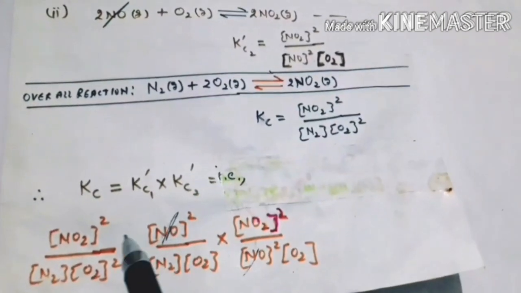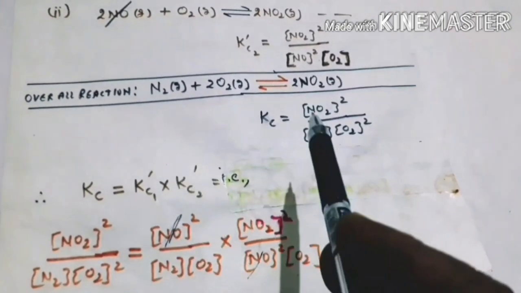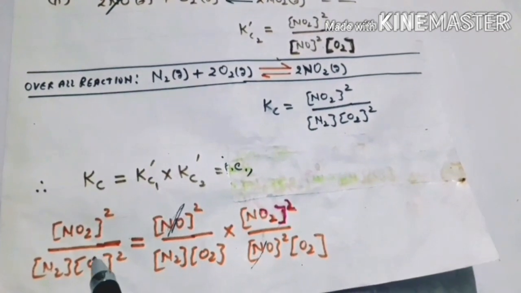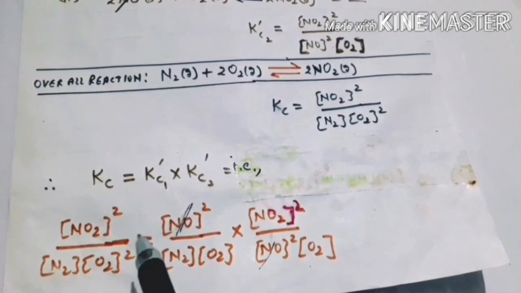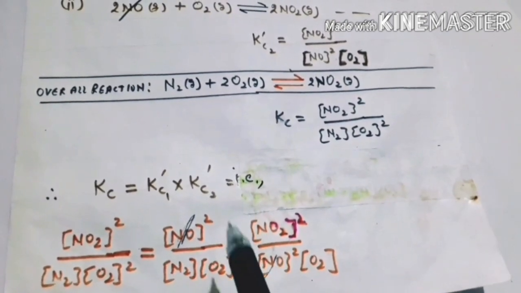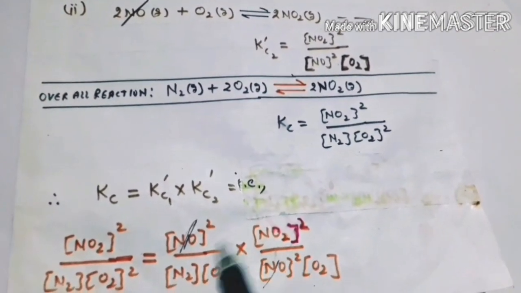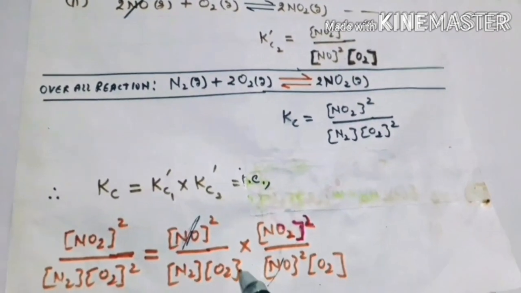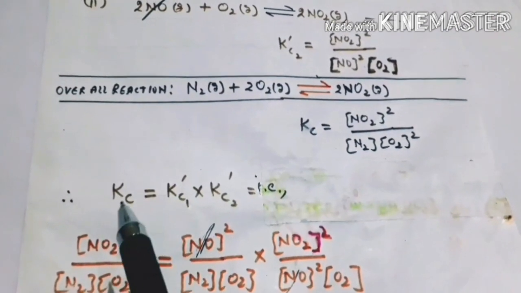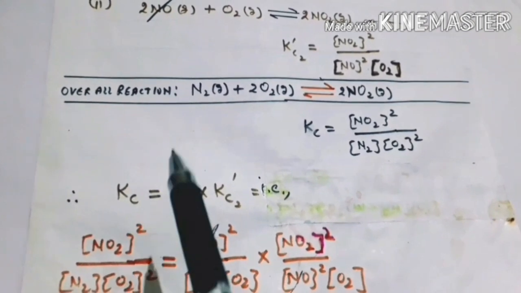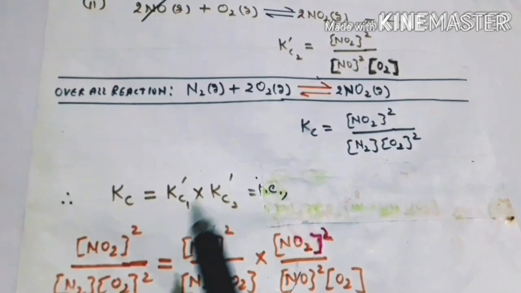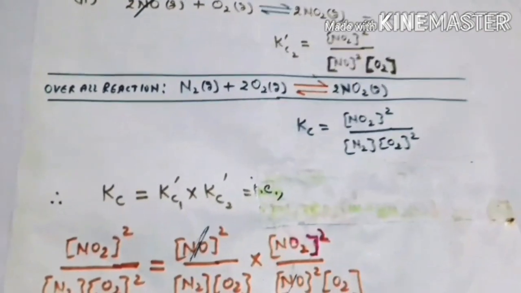So here in this case the expression of the equilibrium constant Kc is given here, which is equal to the product of the expressions of the equilibrium constants of its elementary reactions. So upon simplification we get the equilibrium constant Kc of the overall complex reversible reaction is equal to the product of the equilibrium constants of its elementary reactions.